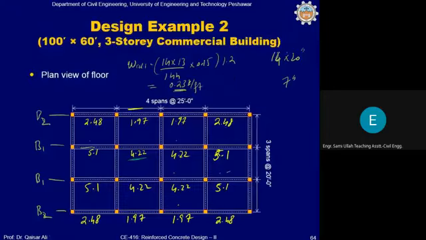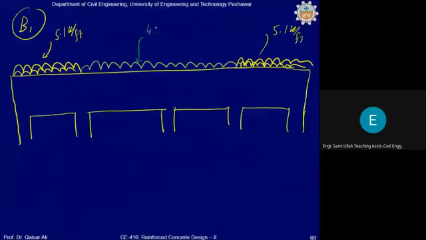Okay. So the load acting on the interior span is 4.22 kip per foot. Clear? यहाँ तक कोई क्वेश्चन है? Any question? No, sir.